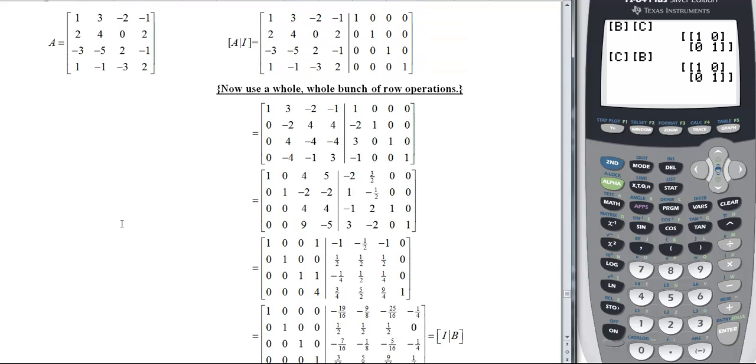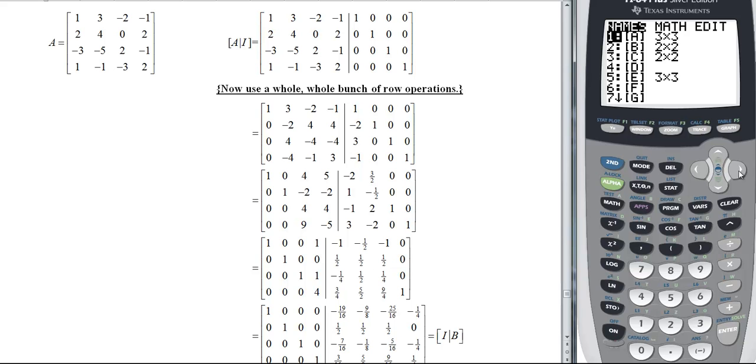Now before I move on down, what I would like you to do is put this matrix in your calculator. I'm just going to put it in for A. It's a 4 by 4.